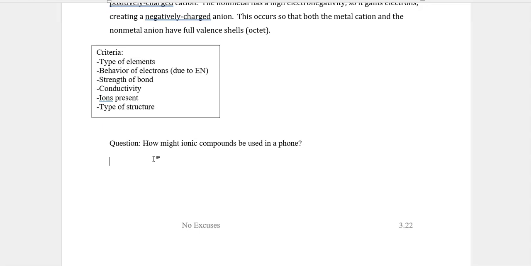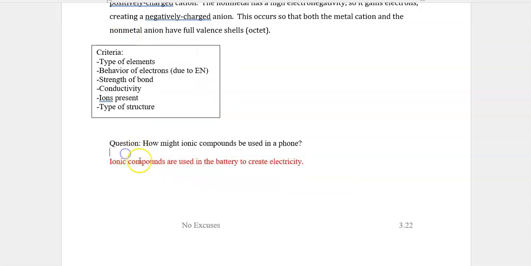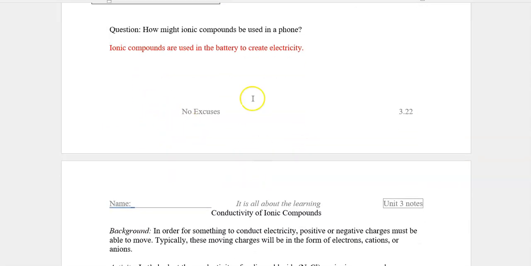It's kind of interesting. So ionic compounds are used in the battery to create electricity. There's some other places as well, like the glass and things like that. But that's even more complicated to explain, even though this one was a very simplified explanation already.